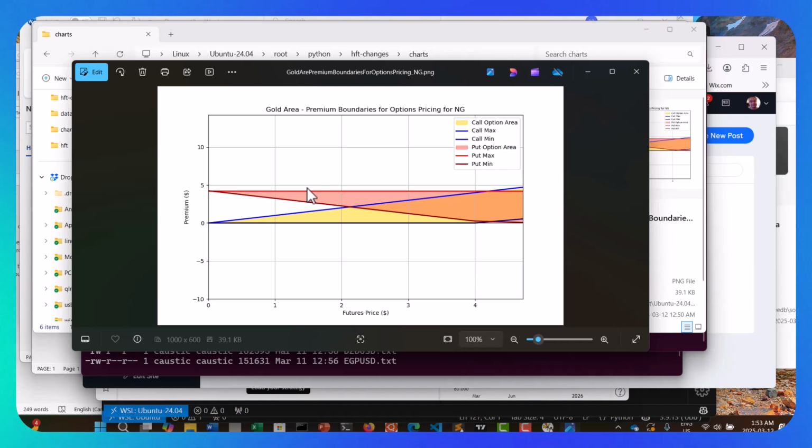The longer time period you have on time of expiry, the better looking this chart is. But it might not be accurate because as the time of expiry gets closer, obviously it could be way off. But this just gives you a rough guidance of where to trade within your options.